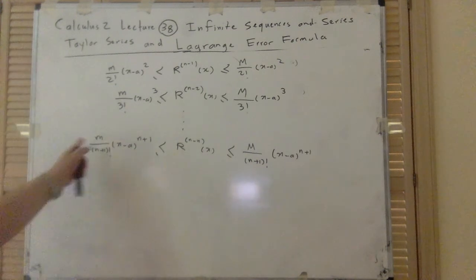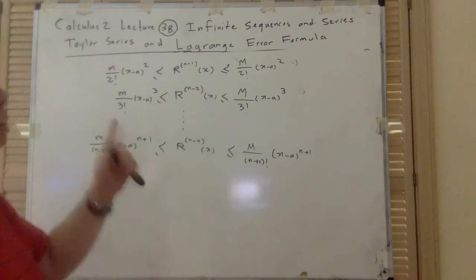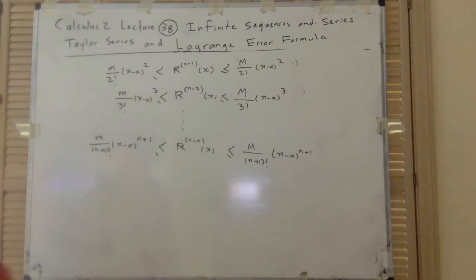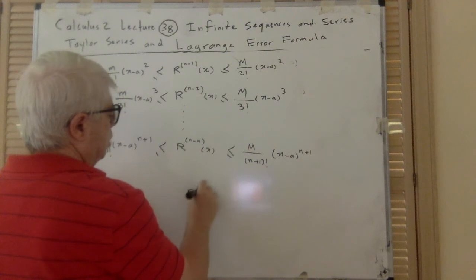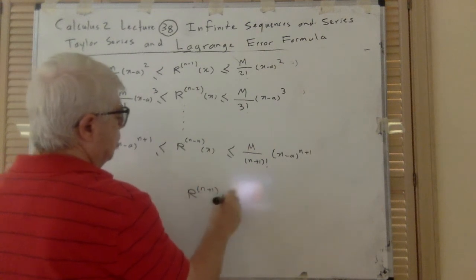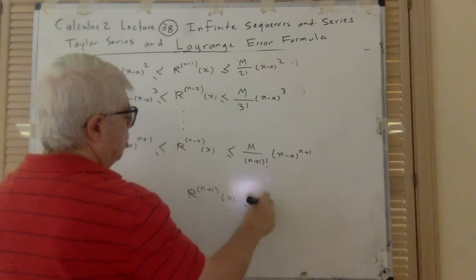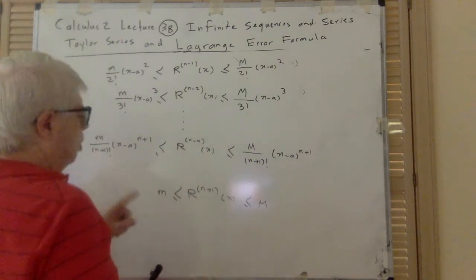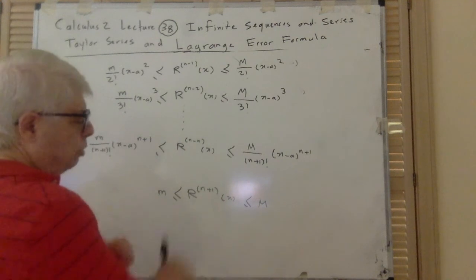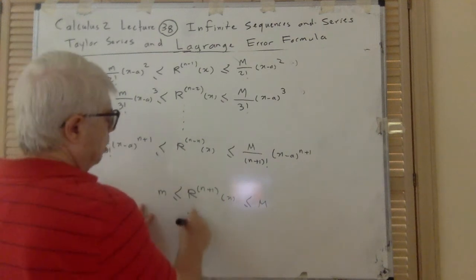But this small m and capital M were the min and max values of the n plus first derivative. Remember that the n plus first derivative of x was between m and M. Well, I don't like this thing. I need the absolute value of this. So if I put absolute value, what happens?